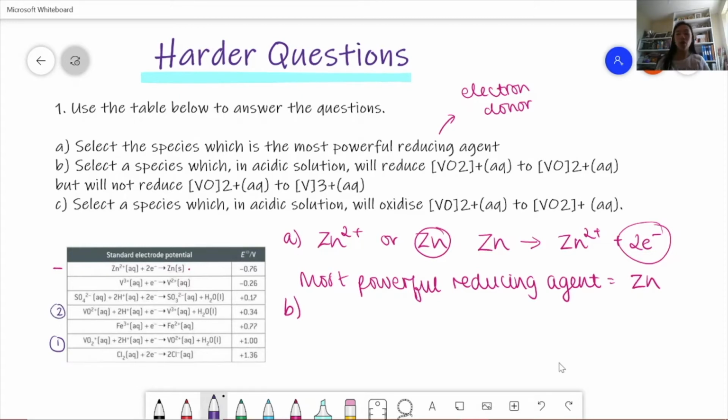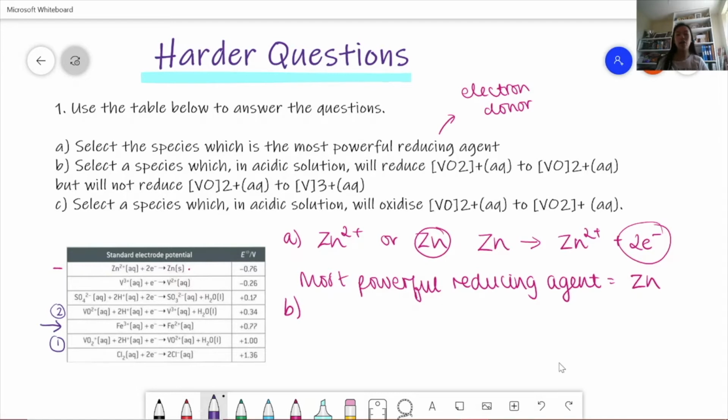And so we need a half cell which is more negative than equation 1, but less negative than equation 2. So that means the species is in this Fe3+/Fe2+ half cell, because it can reduce equation 1 but not equation 2, because it's in the middle. The standard electrode potential is in the middle.